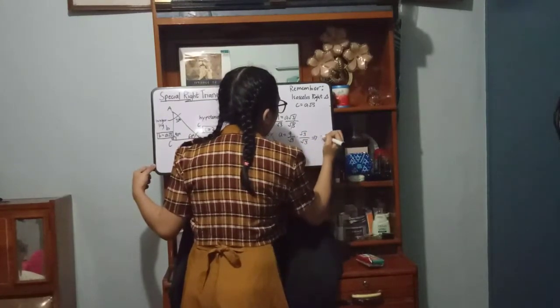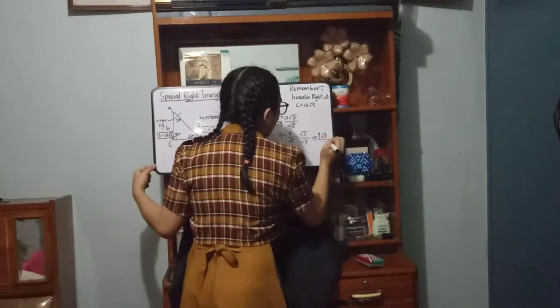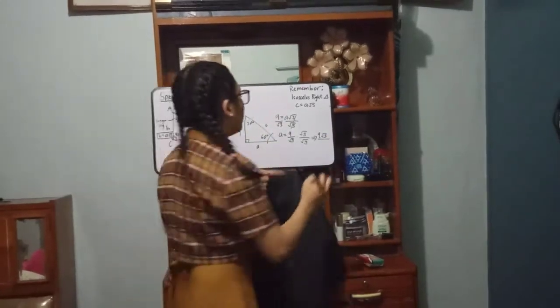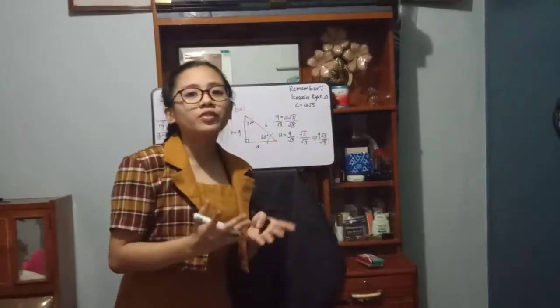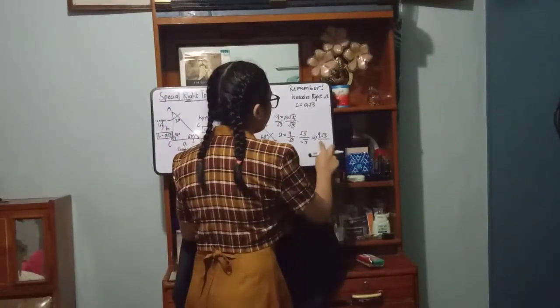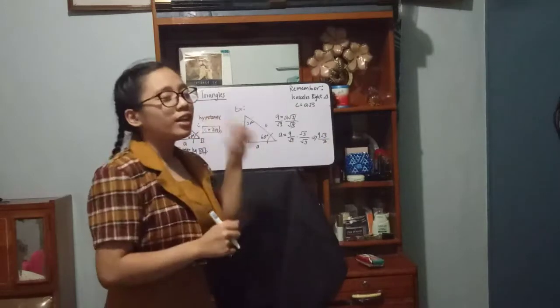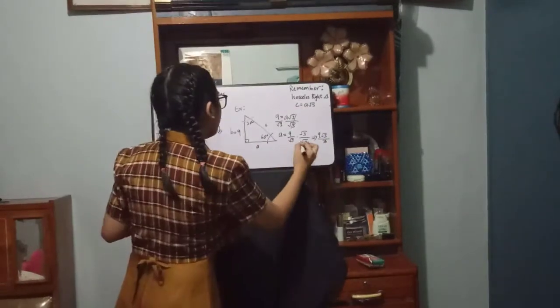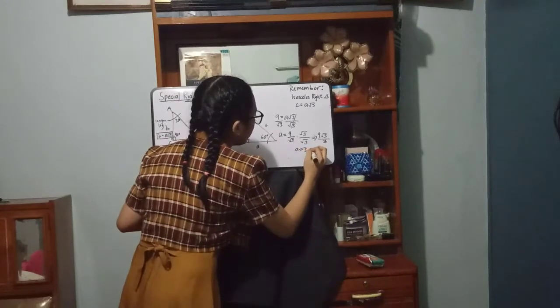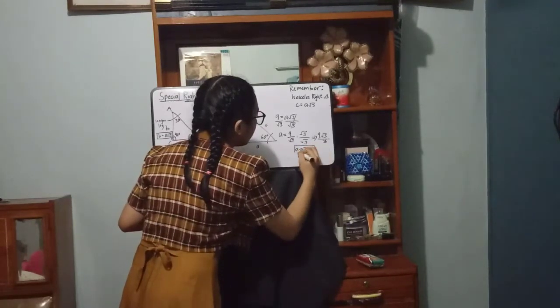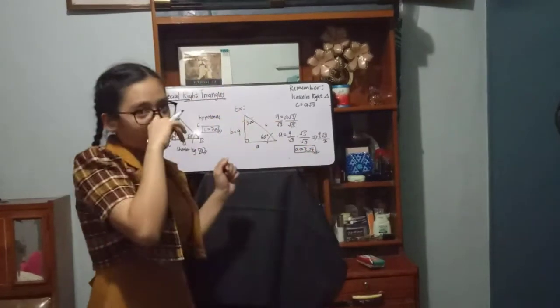So this is simply 9 square root of 3 over the square root of 3 times the square root of 3, which is equal to the square root of 9. The square root of 9 is equal to 3, so 9 divided by 3 is equal to 3. So our final answer here is 3 times the square root of 3. This is the value of our shorter leg.